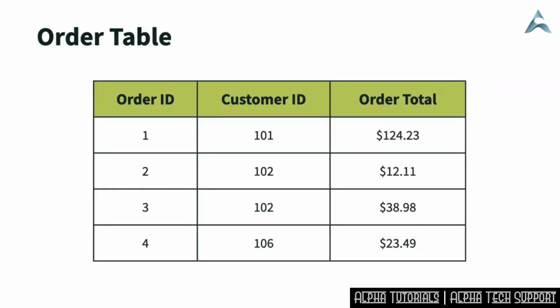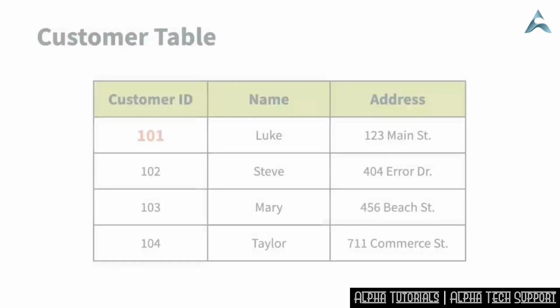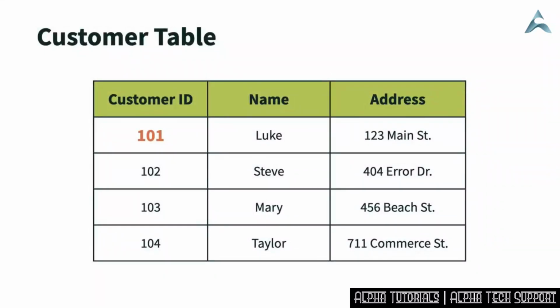Another table might store your customers, and another table might store the orders. If I want to know who I'm shipping order number 1 to, then I would look at order number 1 in the order table, go across to the customer ID column, and take the number listed in this field, and then relate it to customer number 1 in my customers table.